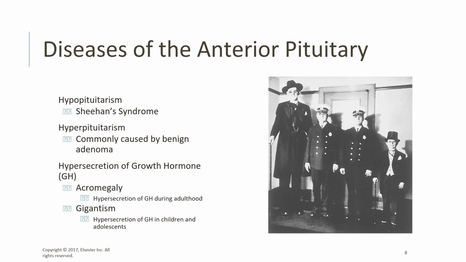Gigantism is very similar to acromegaly in all aspects, except the underlying pituitary adenoma develops before the closure of the long bone epiphyses. So again, this is going to occur in children and young adolescents. With this, you start seeing bone growth in the long bones, like the tibia, the fibula, the femur, the humerus, and the radius and the ulna.